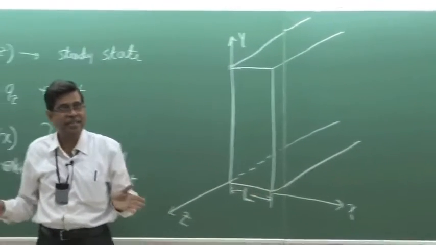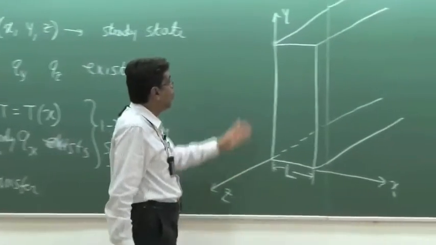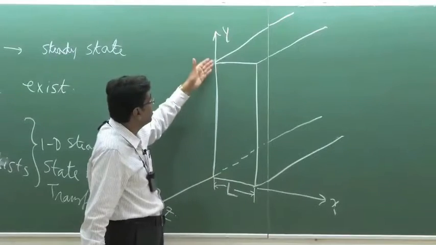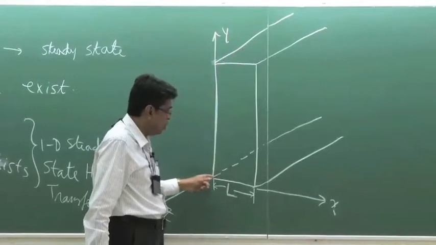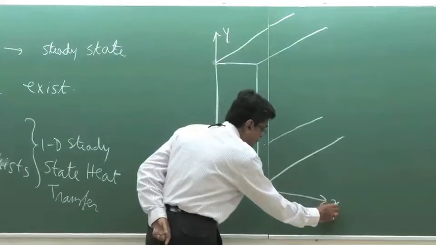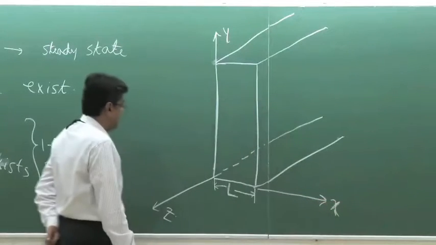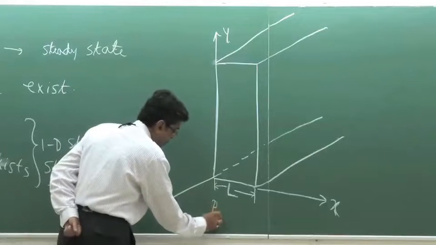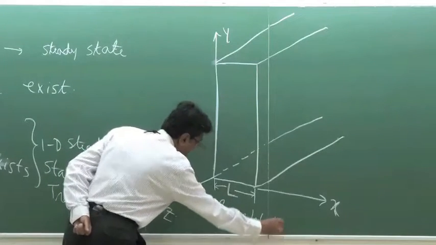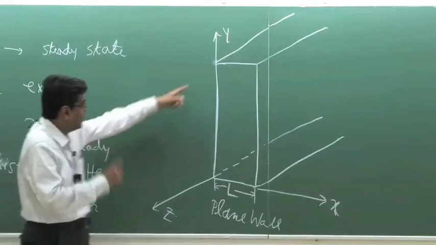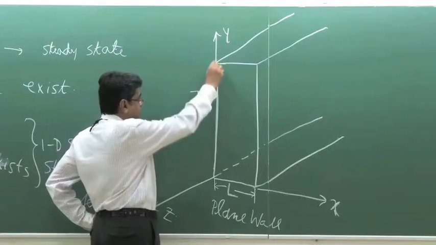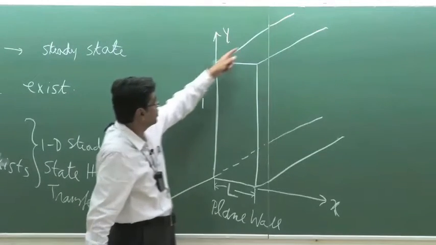If you consider such a situation of a wall or a slab which has a constant cross-sectional area with respect to the axis x, that means the plane wall of this dimension, this is known as plane wall. And if we consider a situation that the left-hand surface is kept at a constant temperature T1, the surface temperature is constant.